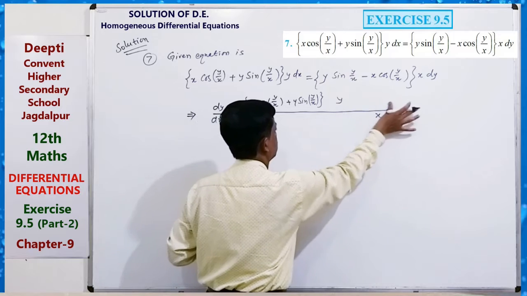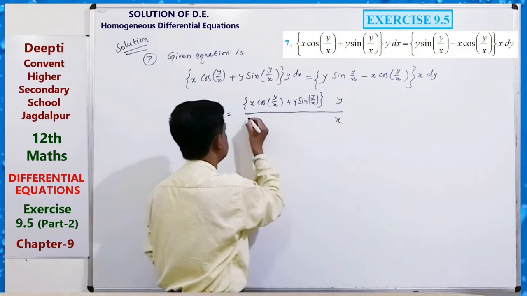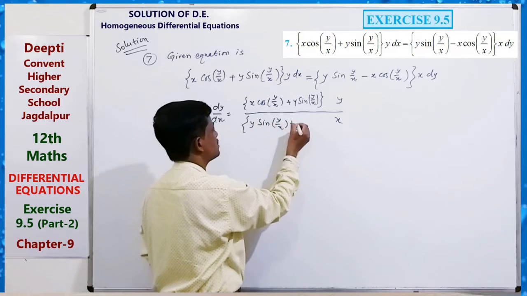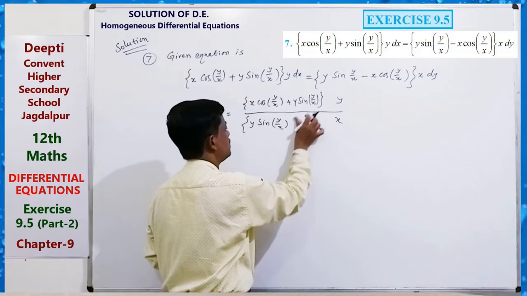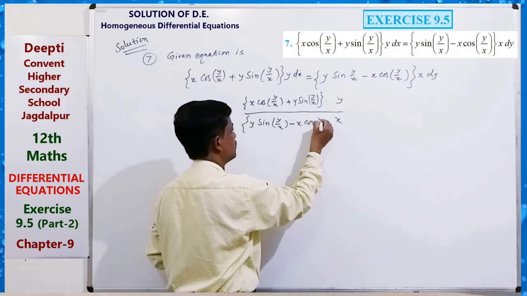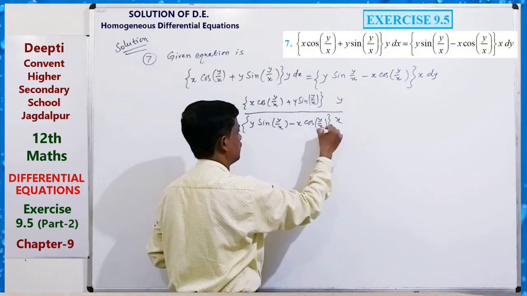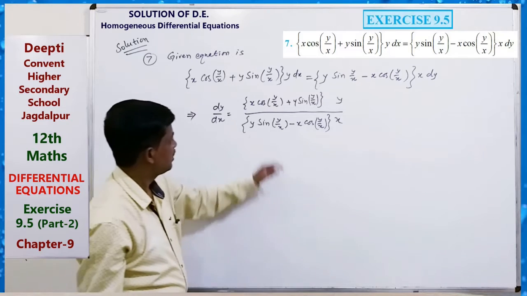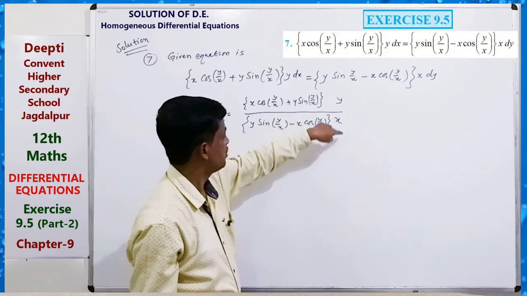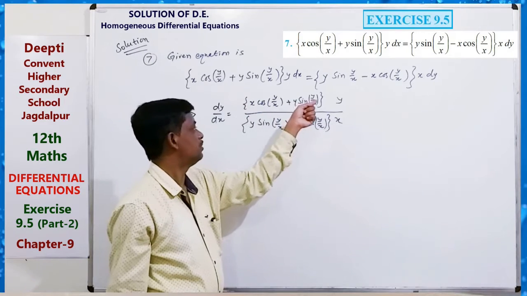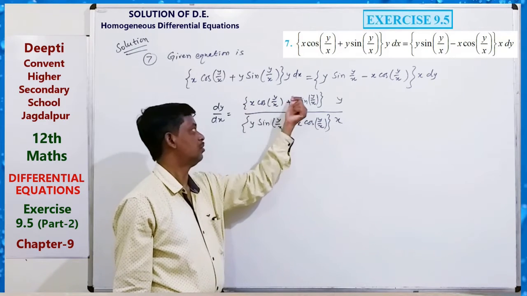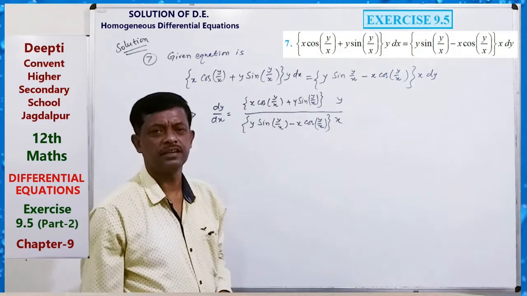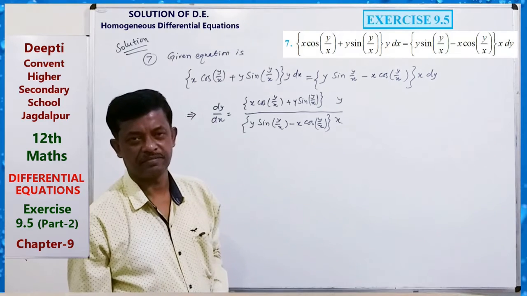Here we see that y by x appears everywhere. We can also divide the numerator and denominator by x, where x cancels. So everywhere we can see y by x is present.